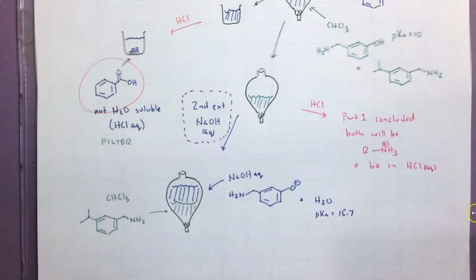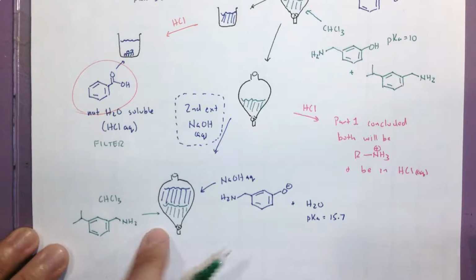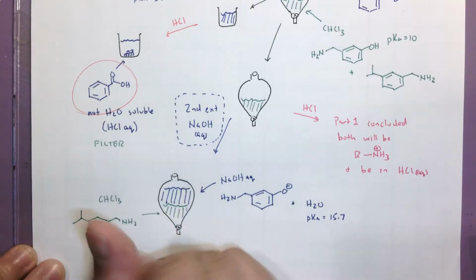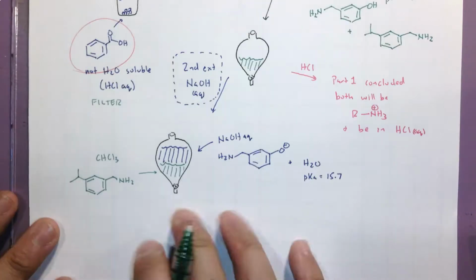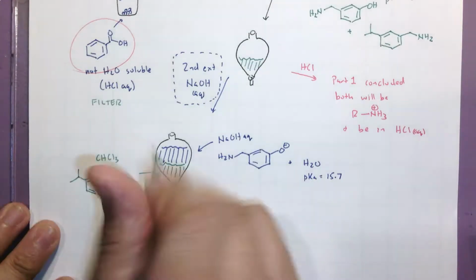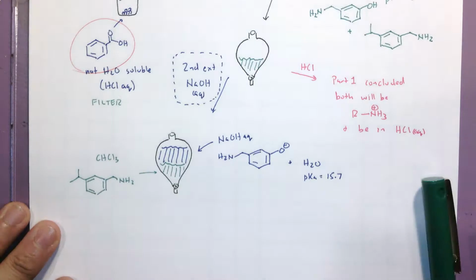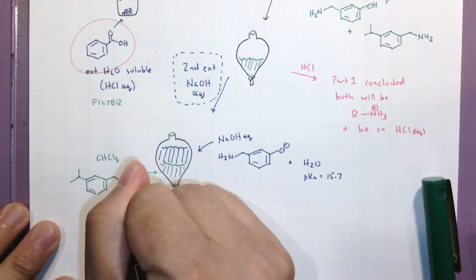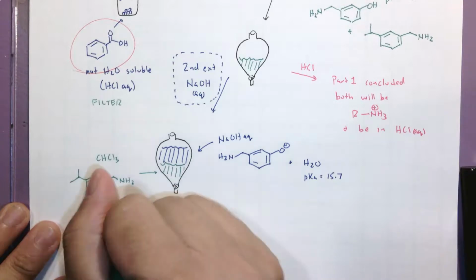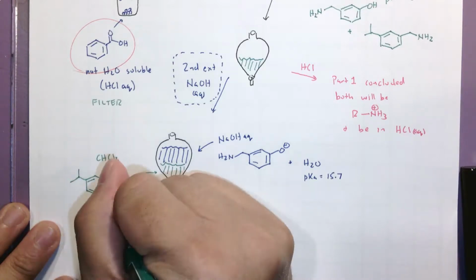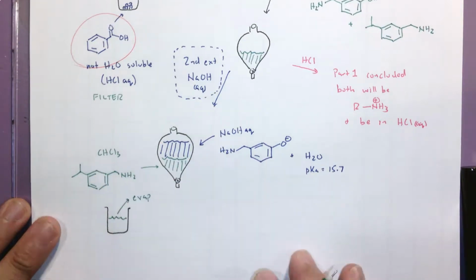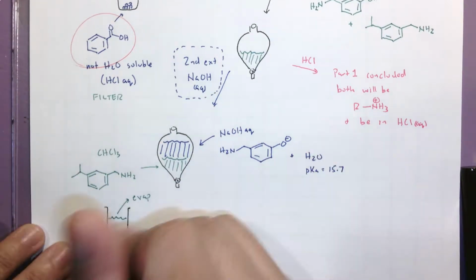All you have to do here now is when you drain, you're going to take this and evaporate the chloroform. So you'll separate this into a beaker, and you will have the chloroform evaporate. And when the chloroform evaporates, what will you be left with?